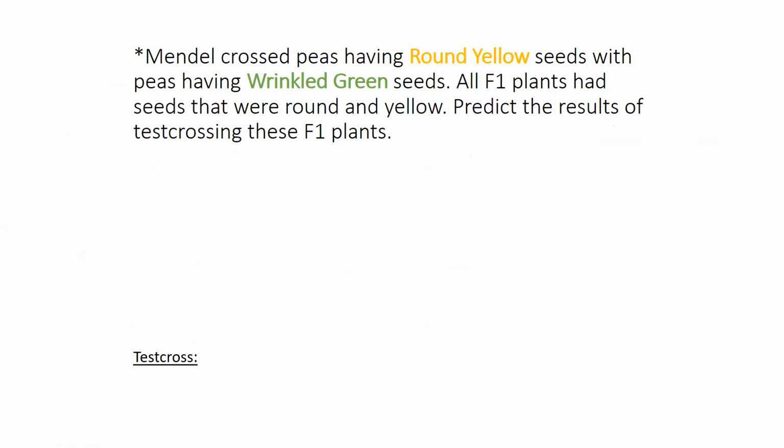So Mendel crossed peas having round yellow seeds with peas having wrinkled green seeds. All F1 had seeds that were round and yellow. Predict the results of test crossing these F1 plants. So what do we know from this question?